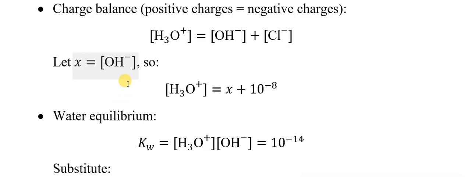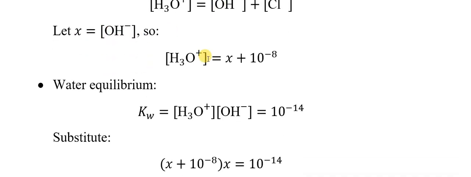The reason is that the only source of hydroxyl ion is water, and water is a very weak base to give hydroxyl ion. So we consider this concentration is equal to X.